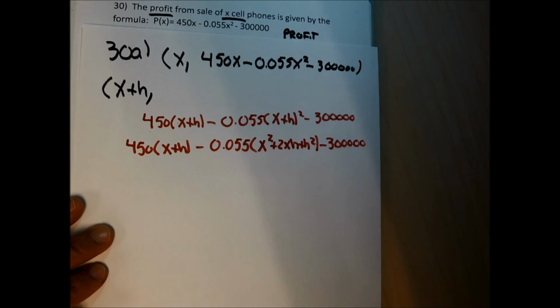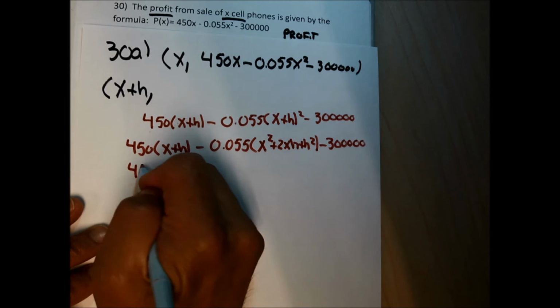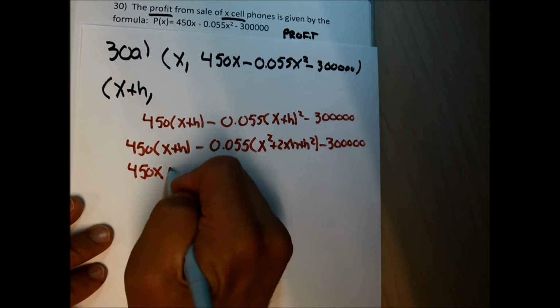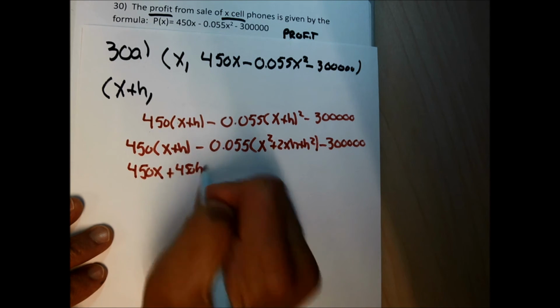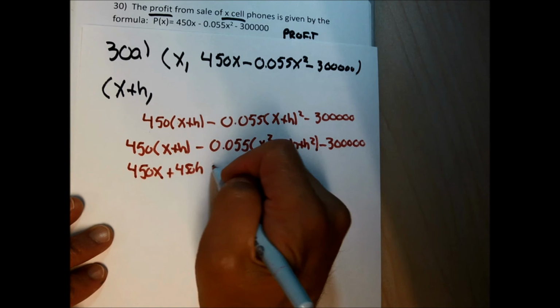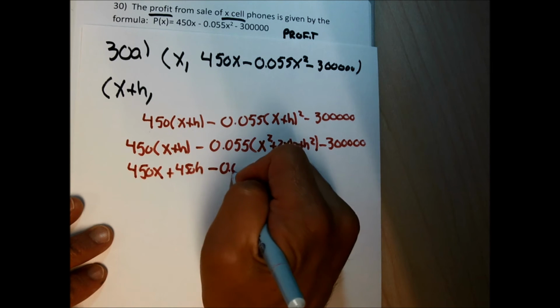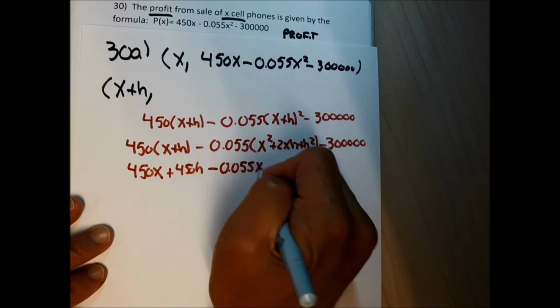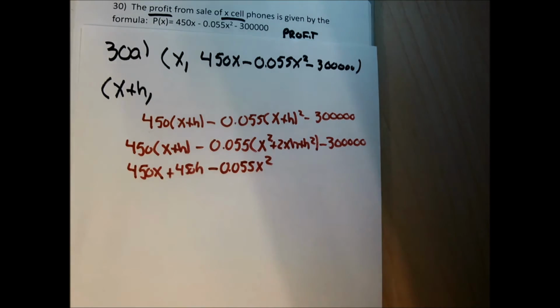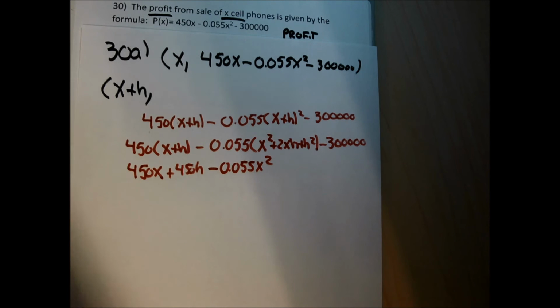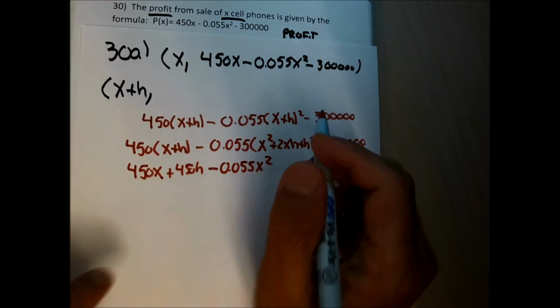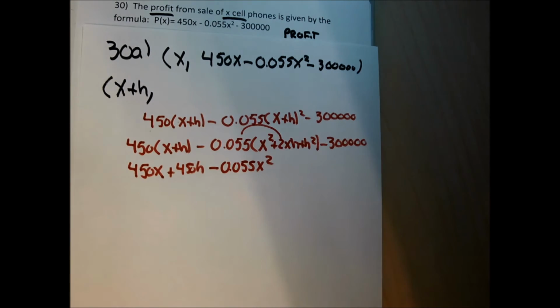Now I'm going to get rid of the parentheses. First parentheses I get 450x plus 450h. Next parentheses I get negative 0.055x squared. And I'm not sure what I get when I multiply 2 times this, so I'm going to do it off screen. 2 times negative 0.055 and I get 0.11.